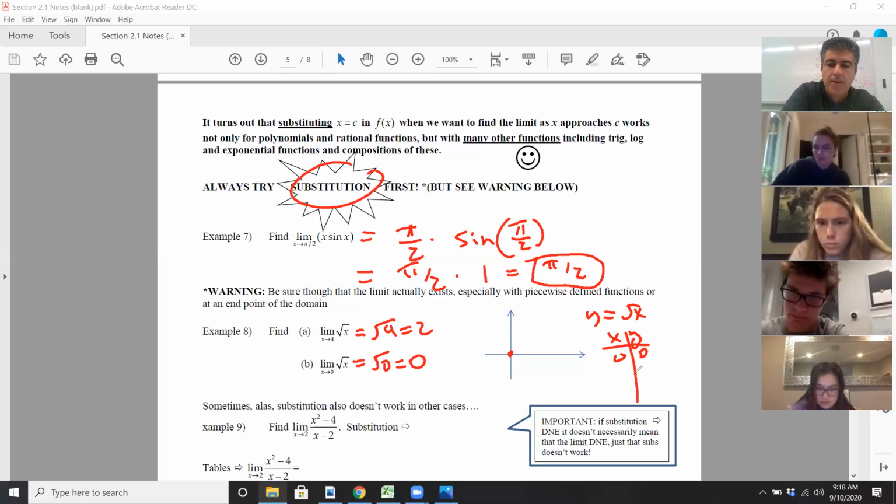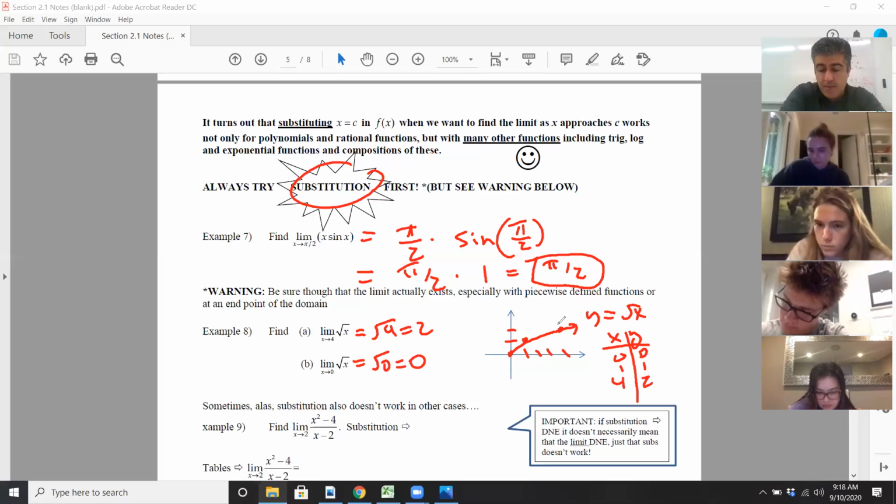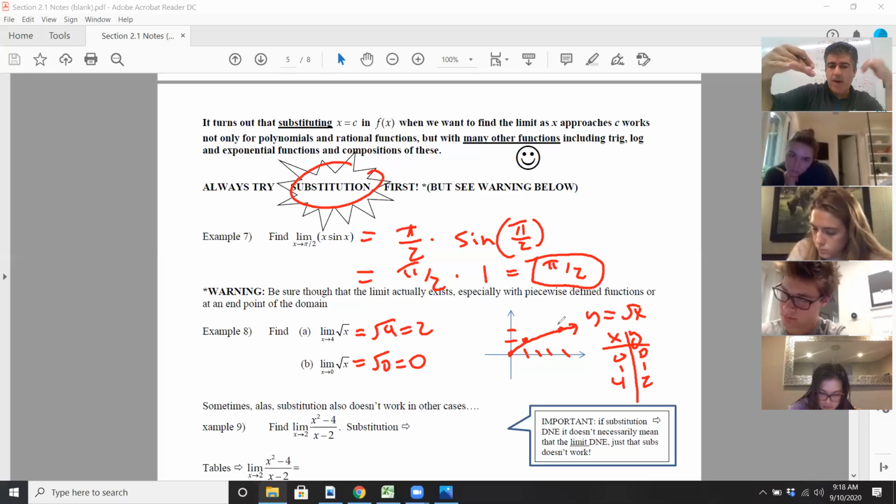Definitely a point at 1, 1, and definitely a point at 4, 2. So graphically, we could see that if I'm approaching 4 from the left or from the right, y is converging towards 2. And for x equals 0, you can only use a right-handed limit. But, you know, it's going towards 0 anyway.